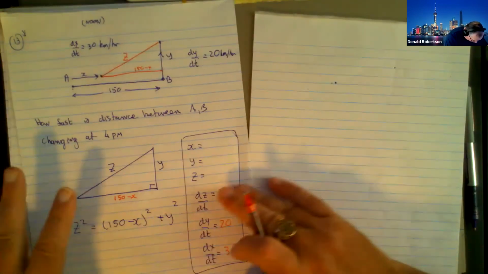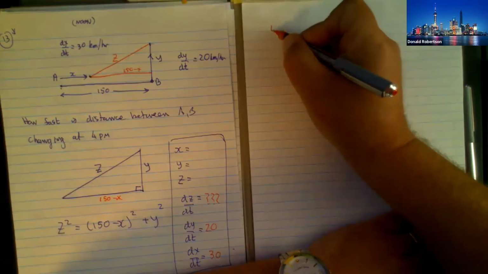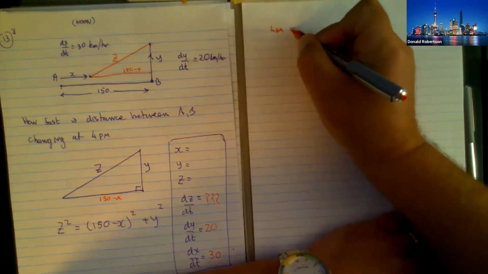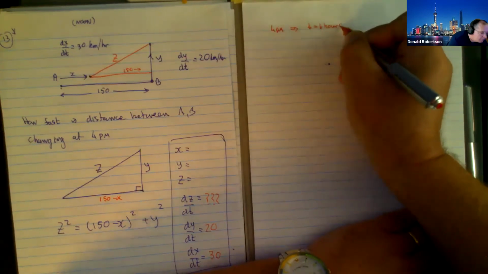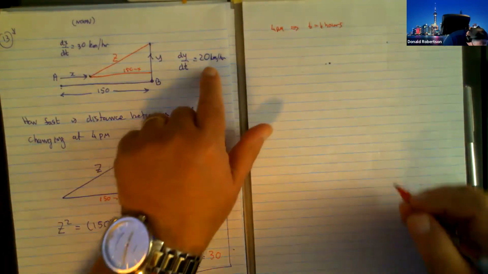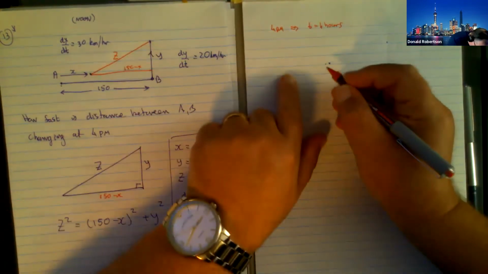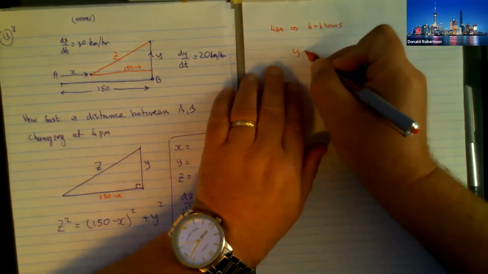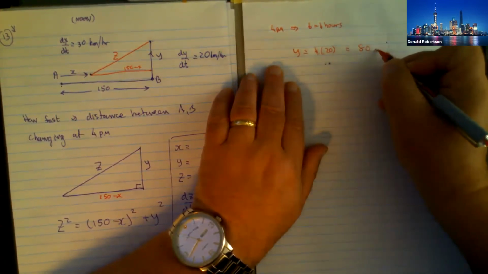So let's see if we can go hunting for each of those distances. If you tell me it's 4 p.m., isn't that just another way of telling me that it was 4 hours? And if you travel at 20 miles an hour in the Y direction, then wouldn't Y be 4 lots of 20 miles an hour? Wouldn't that be 80 miles?